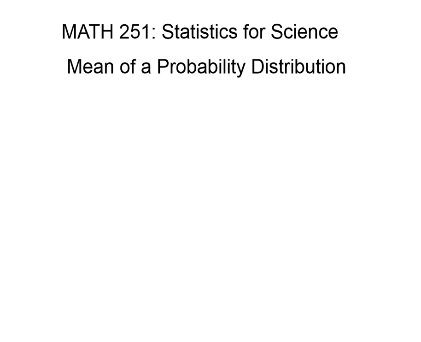Today we're going to take a closer look at the mean of a probability distribution. We know from our descriptive statistics unit that the mean of a sample is equal to the sum of sample values, which we can summarize using summation notation, divided by the number of values.